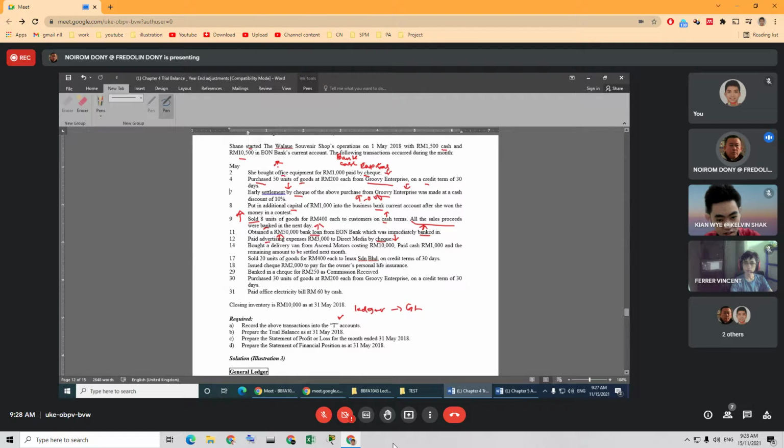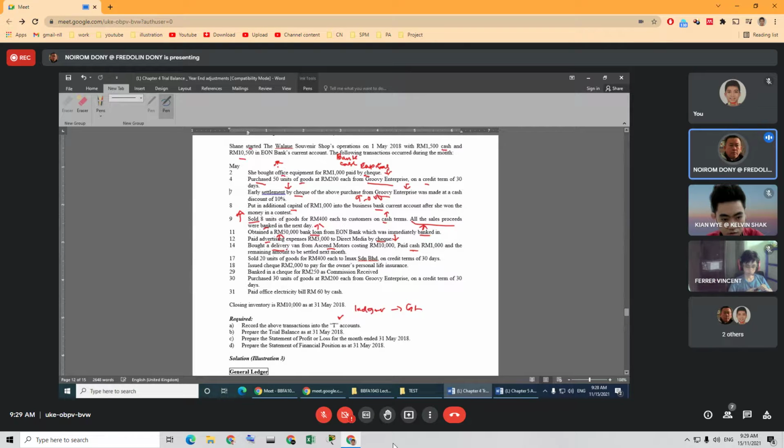Bought a delivery van from Ascent Motor costing 10,000. Okay, delivery van, so meaning motor vehicles. Ascent Motor, so we need this name because it is partly paid by cash, 1,000, and the remaining amount to be settled next month. So these are three items involved.